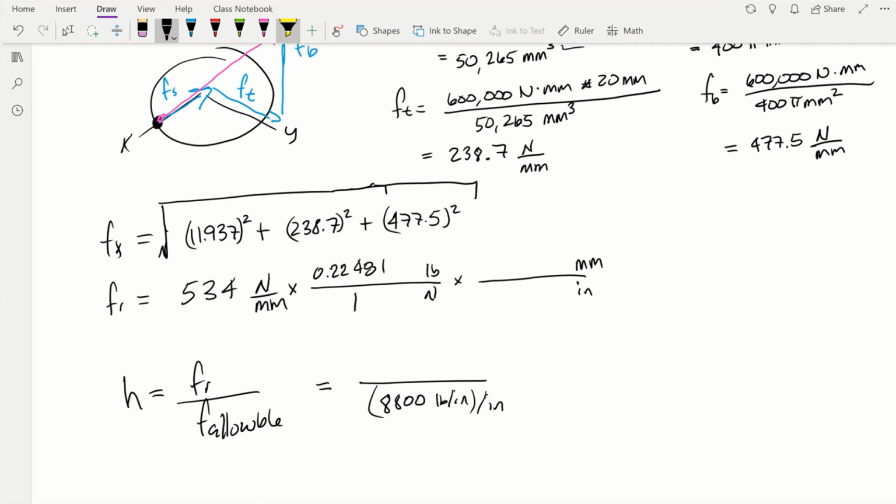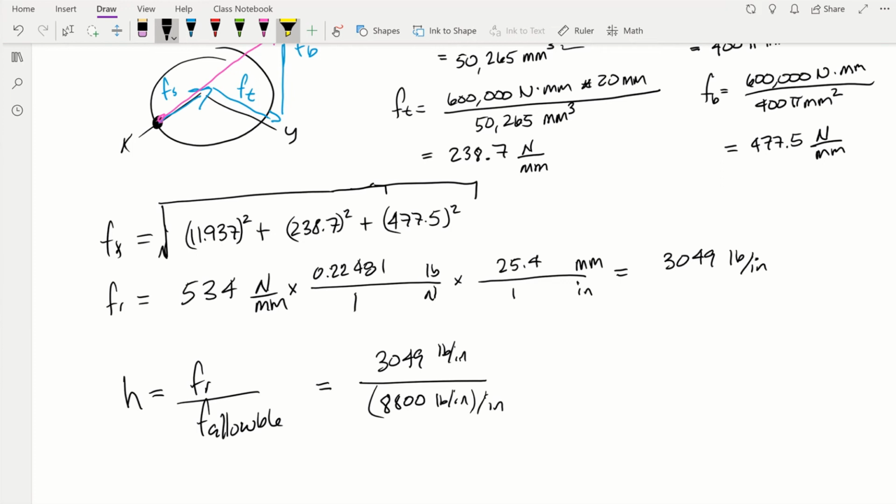And we also know that 1 inch is the same thing as 25.4 millimeters. So we go ahead and multiply this through. We get a force of 3,049 pounds per inch. So this is the resultant force, which is 3,049 pounds per inch.